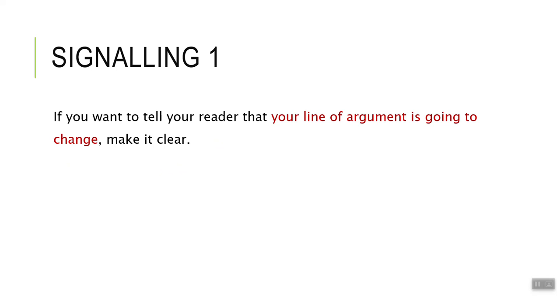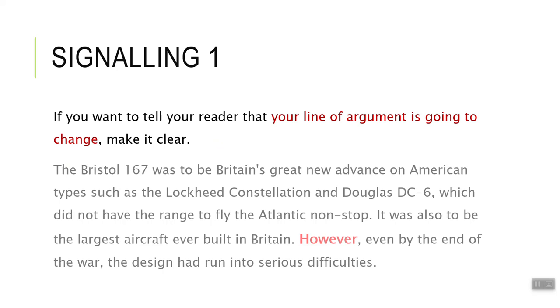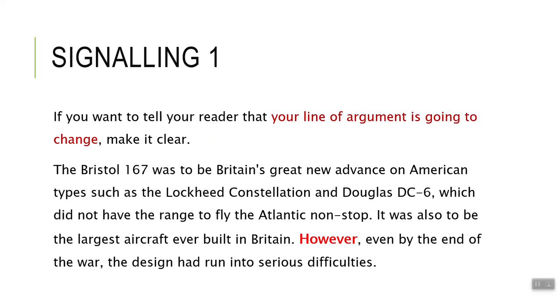So let's take a look at a few of the situations. Signaling one, if you want your reader to clearly see there is going to be a change, you signal to your reader because it's quite obvious the next sentence is a change. And make it clear. Don't let your reader think, oh, is that a change? Again, you're not writing a mystery novel or a guess-what-I'm-talking-about thesis paper.